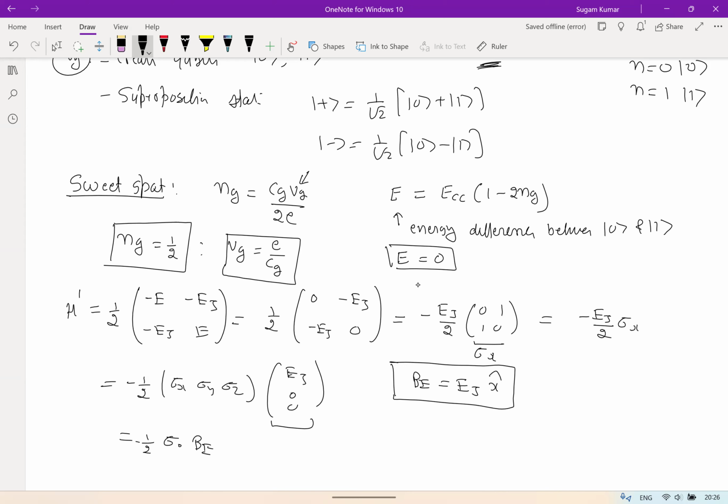It means in this case, if I define this as the y-axis, this as the z-axis, and this as the x-axis, then that fake magnetic field, the B_E, is only along the x-axis.